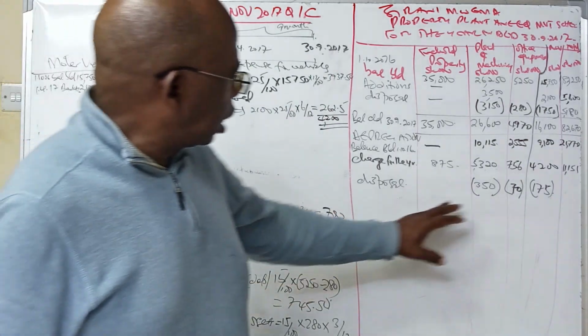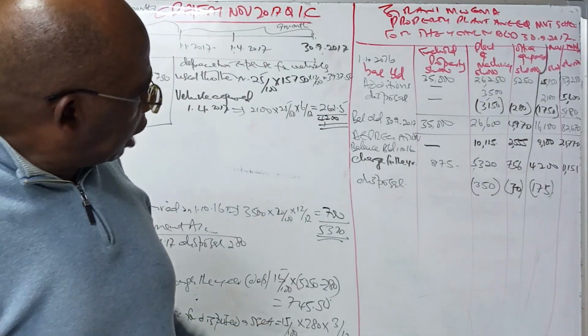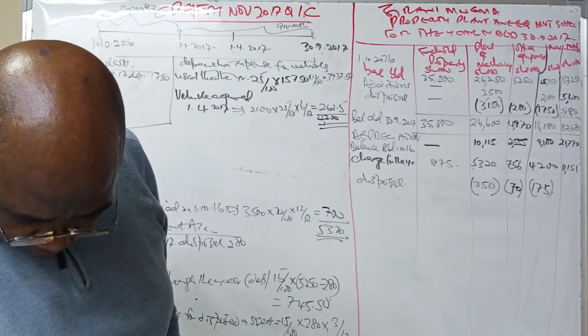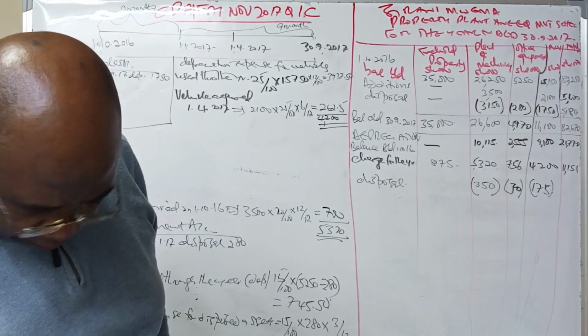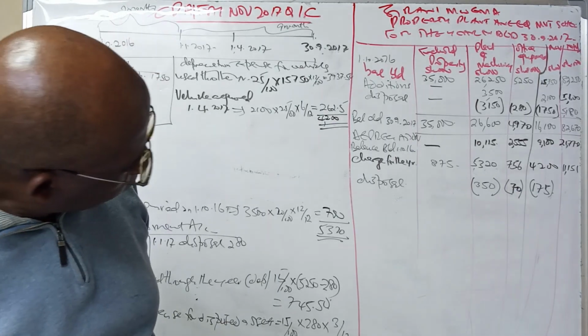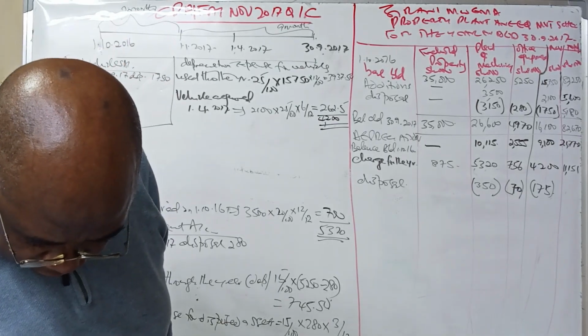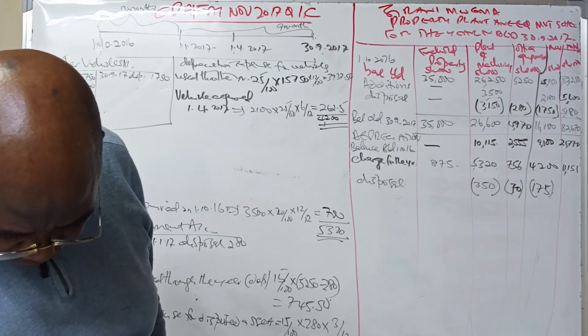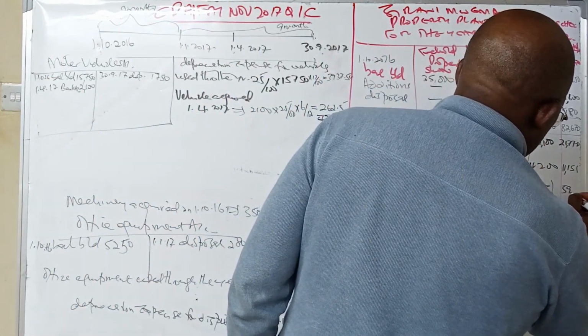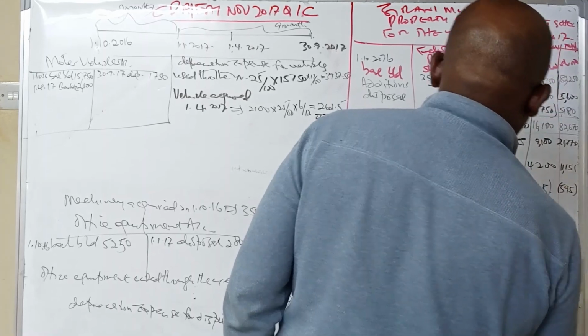Then the depreciation for the disposed assets is 350 plus 70 plus 175, which gives us 595. We are deducting 595.